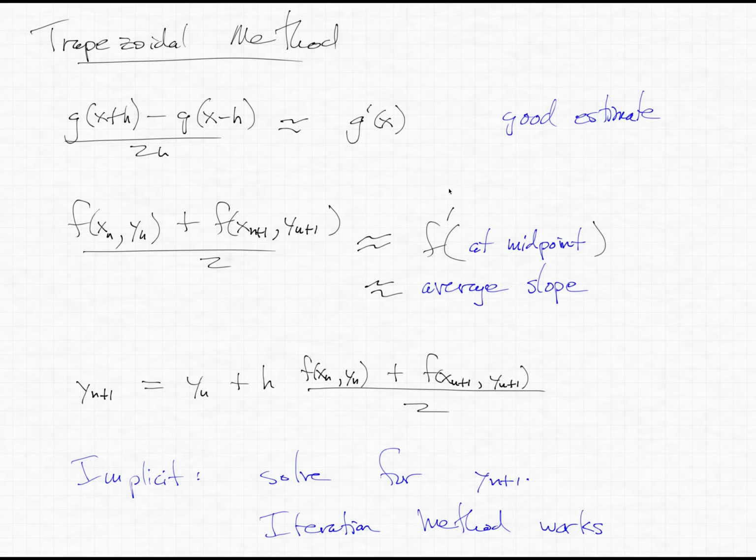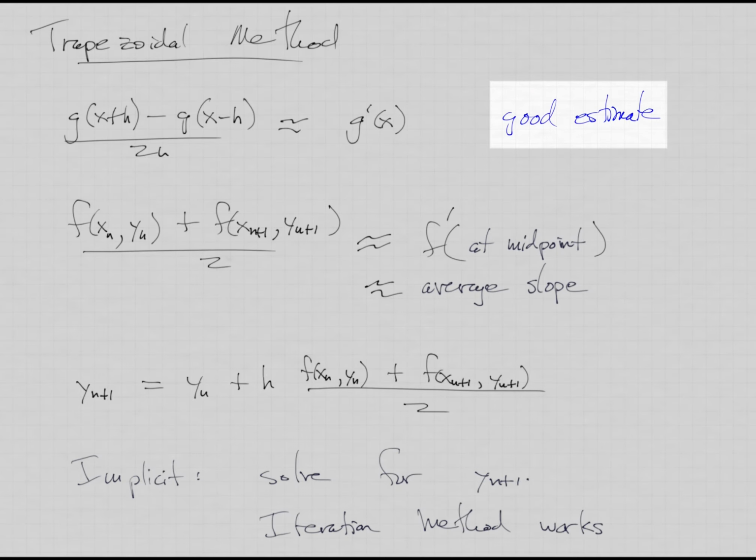Okay, now in a very similar vein, there's something called the trapezoidal method, and this corresponds to the trapezoidal method for estimating integrals. Finally, we're going to use what we learned about estimating derivatives.